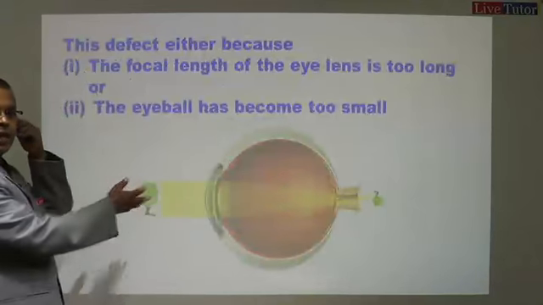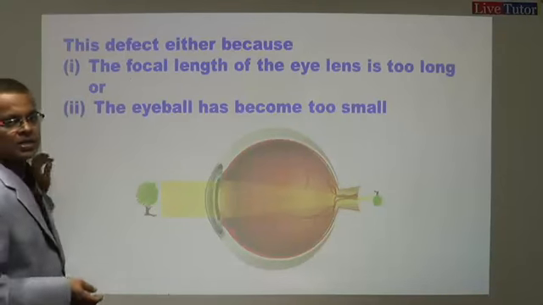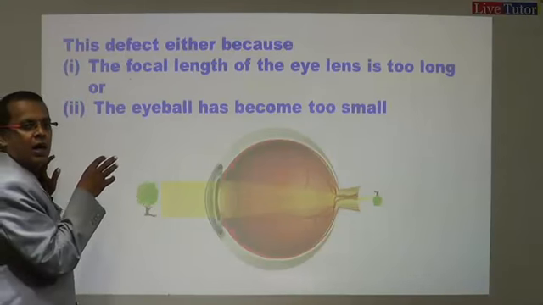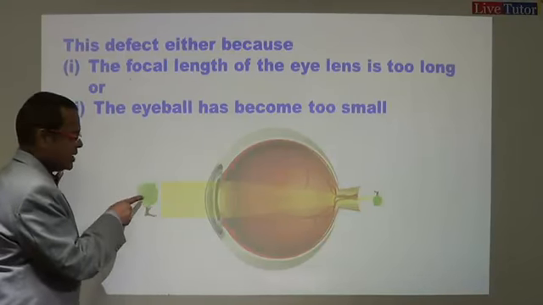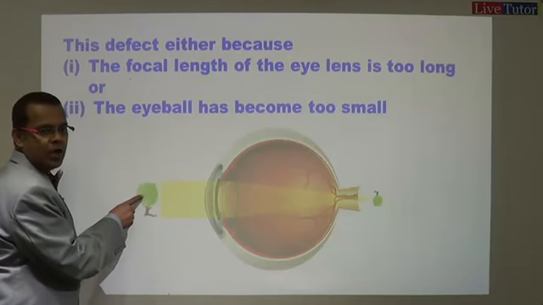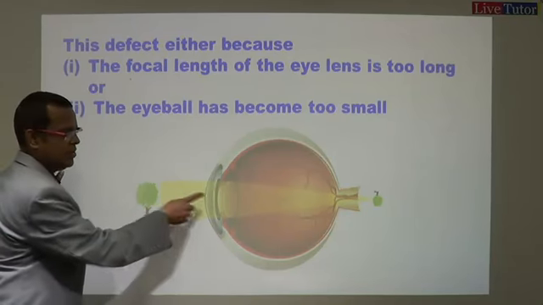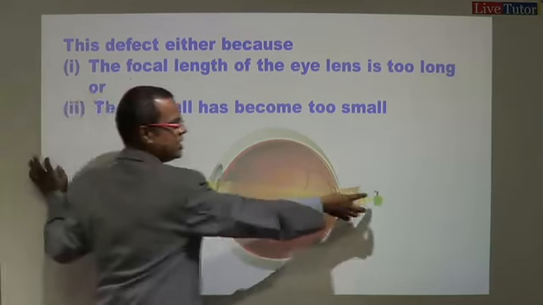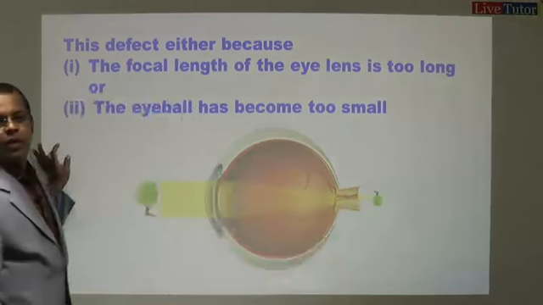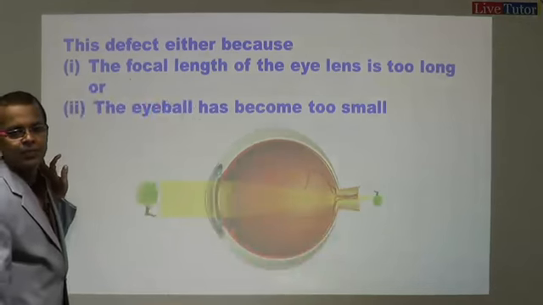Okay, now see that image. By looking at the diagram, you can easily understand. Here you can see that the image is here, the object is here. When the object is seen by the eye, the image is falling far beyond the retina.